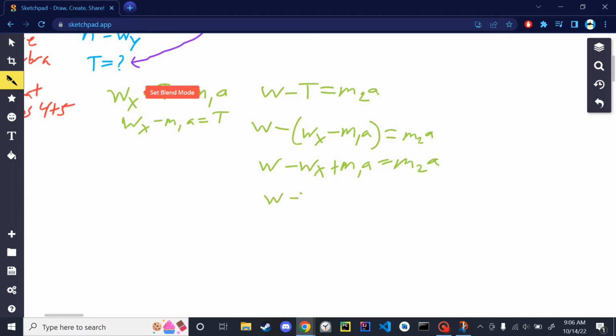W minus Wx divided by m2 minus m1 is equal to acceleration. Maybe.